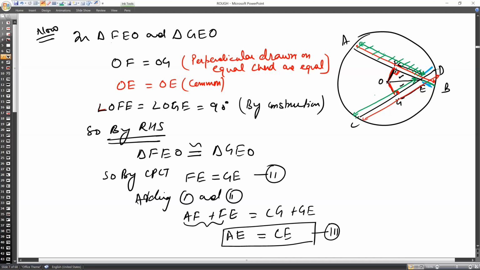Let me explain one more time what you are going to do here. You are just going to subtract from this whole red portion. If you delete this portion, then only the blue portion, EC, is going to be there. So just look at this and concentrate.